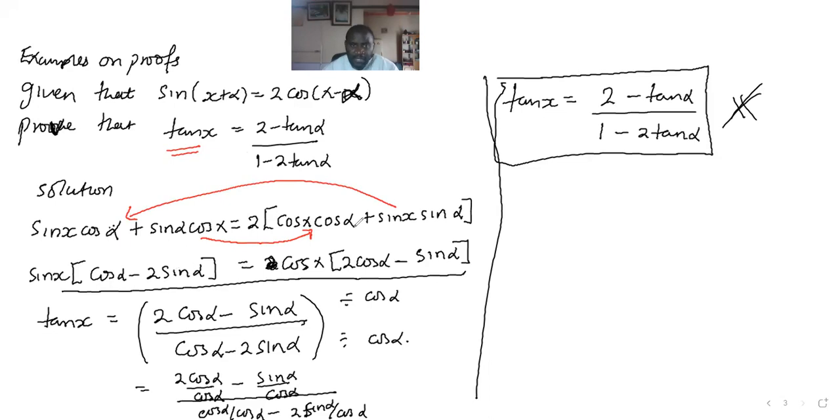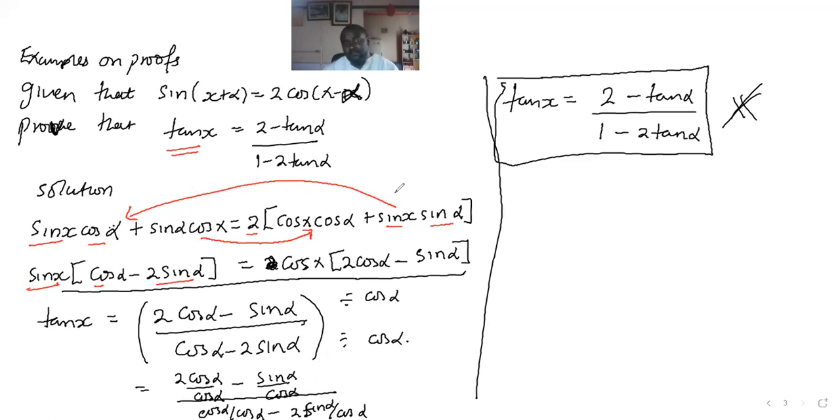Yes, teacher. Now, if I move them, this one is moving as 2 sine x sine alpha. When it reaches the other side, it becomes a negative. Do you agree? Yes, teacher. But because it's going to meet another sine x, I factor out the sine x. I remain with cos alpha here, minus the incoming 2 sine alpha.